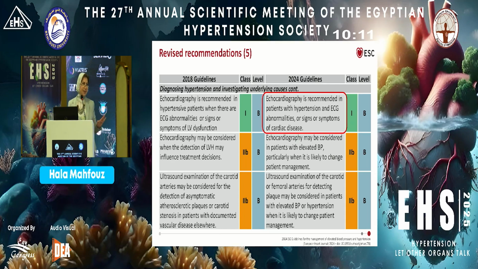It's indicated. We have to have echocardiography, especially in the initial assessment of patients with new onset hypertension. This is essential to recognize whether the patient has end organ damage or not.